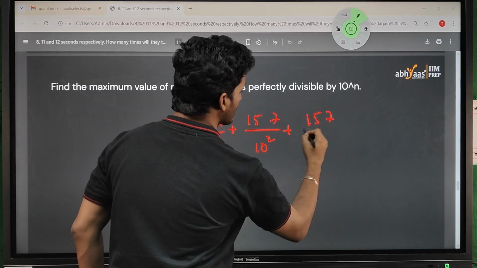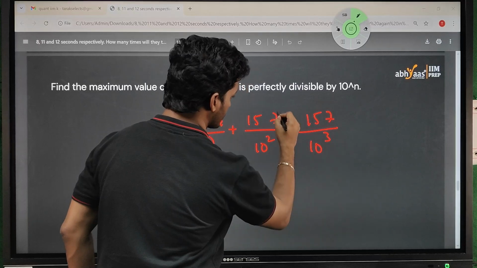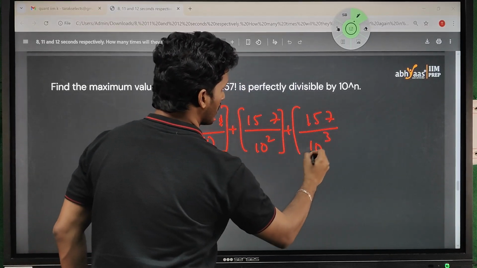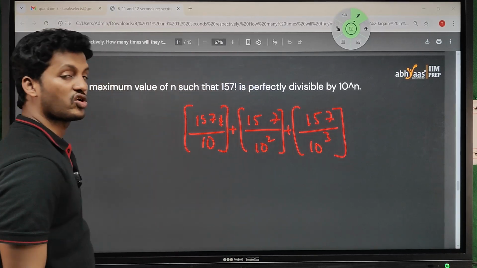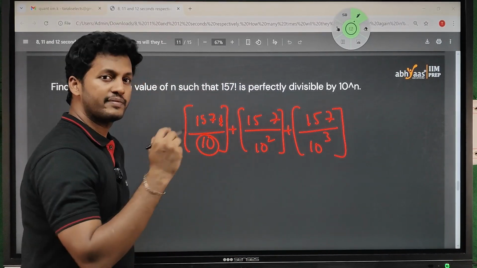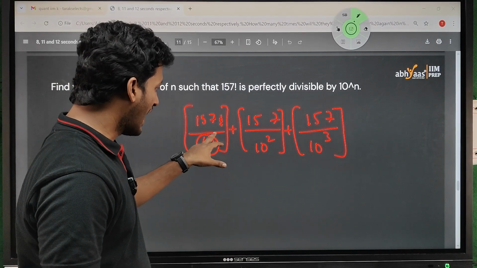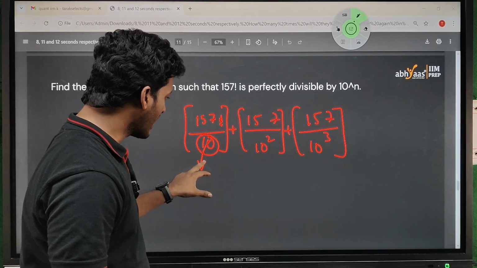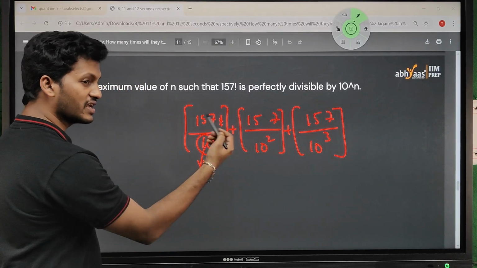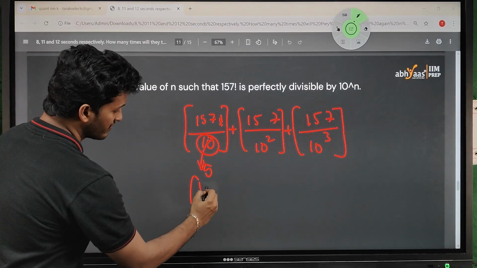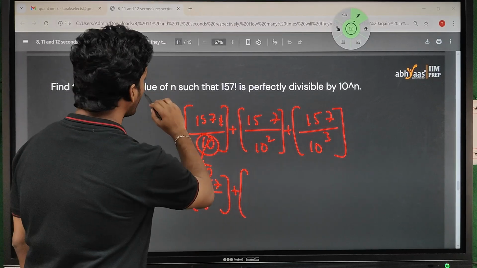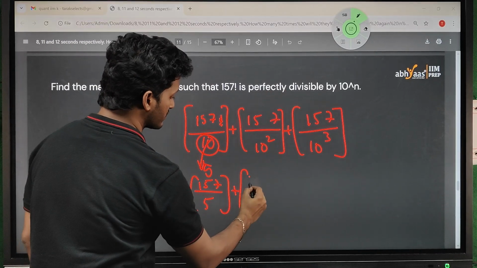If I go on finding like this, I'll get a wrong answer. Why? Because 10 is nothing but a 5 multiple, right? So instead of 10, I can take 5 only here. So finding with 10 is the wrong thing. Finding with 5 is the right way to find the highest value of 10 power n.